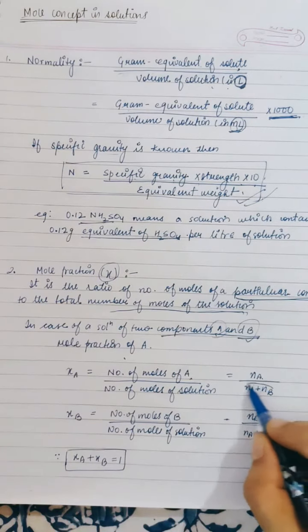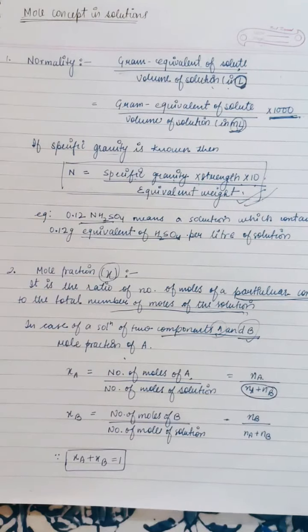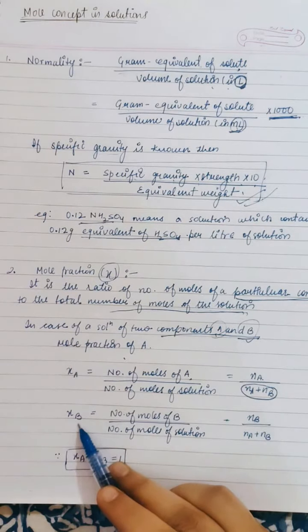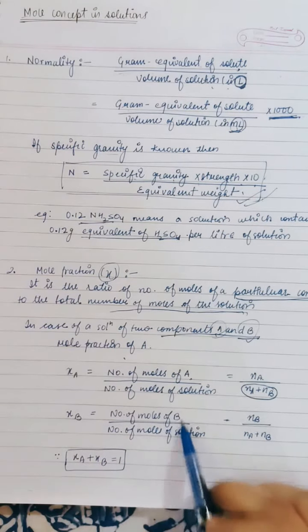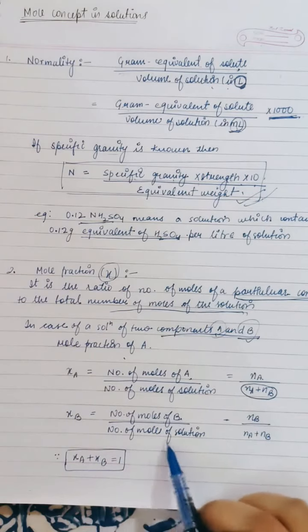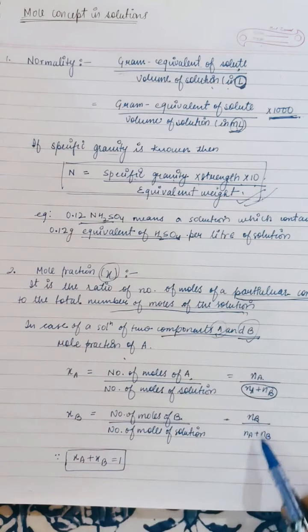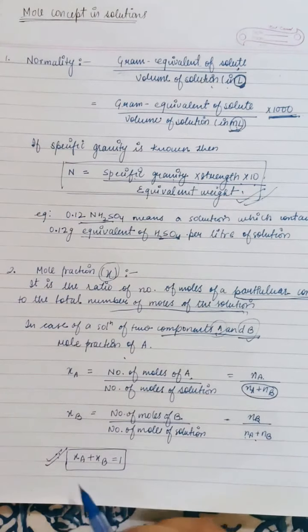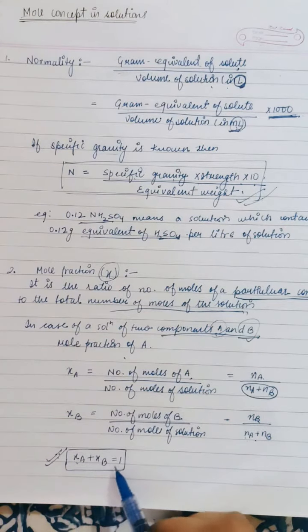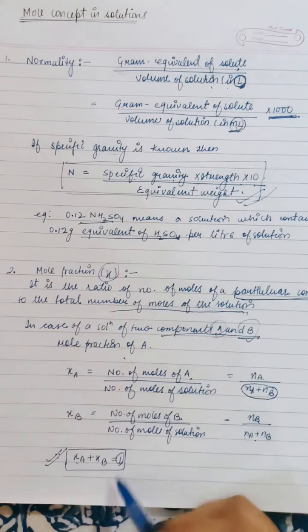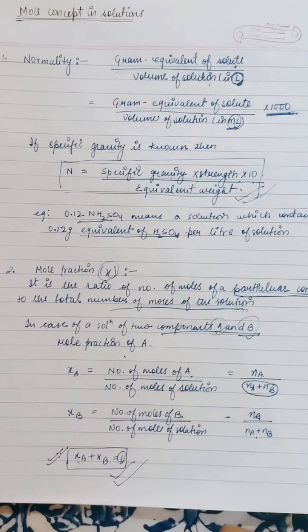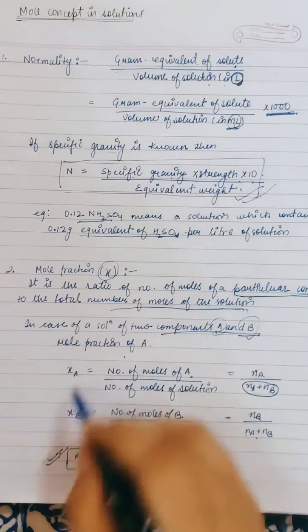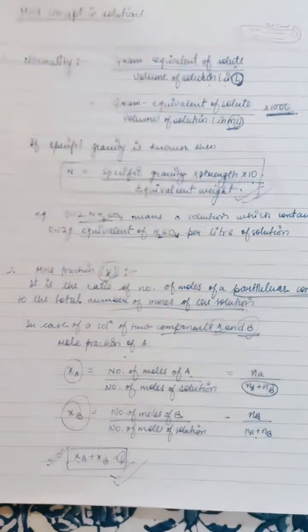The number of moles in solution are added. Then the second one is number of moles of B by number of moles of solution, equals Nb upon Na plus Nb. Also remember this: the value psi A plus psi B is always equal to 1. This is the relation between both of these terms.